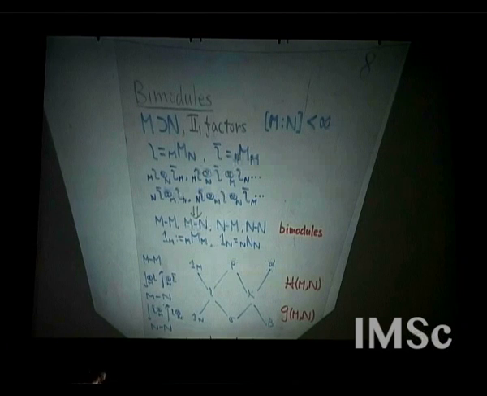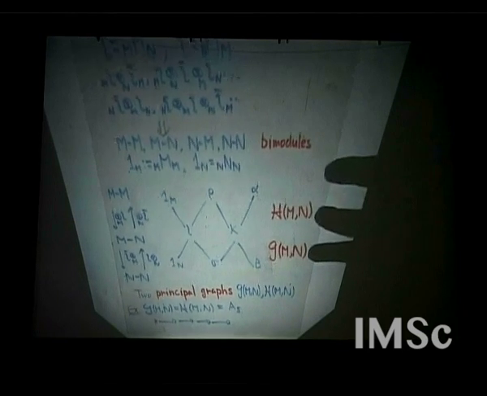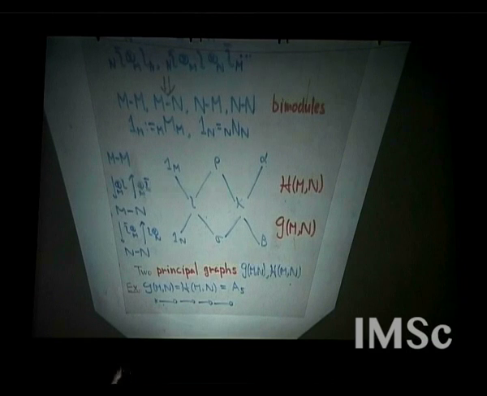So it's a kind of tensor category, and this category has two units, namely M as an M-M bimodule and N as an N-N bimodule. So it has two units. And in a nice situation, this category gives complete information of the subfactor. But we need a more handy invariant.